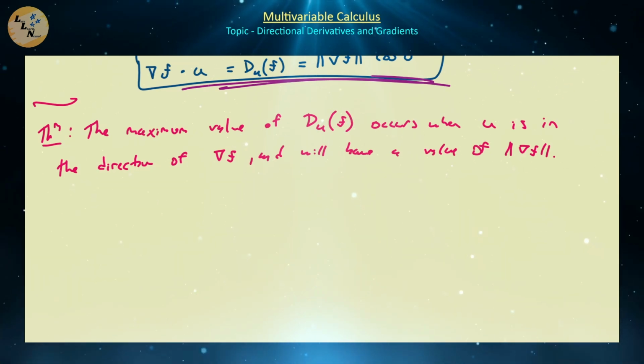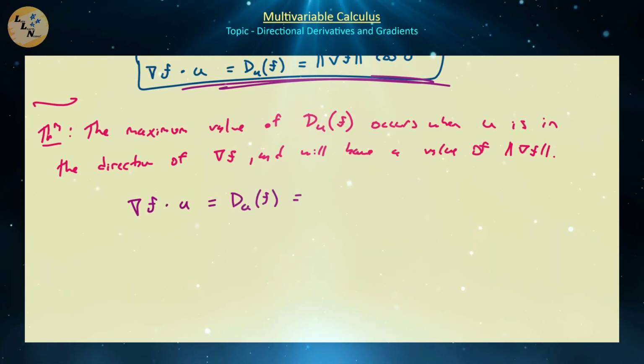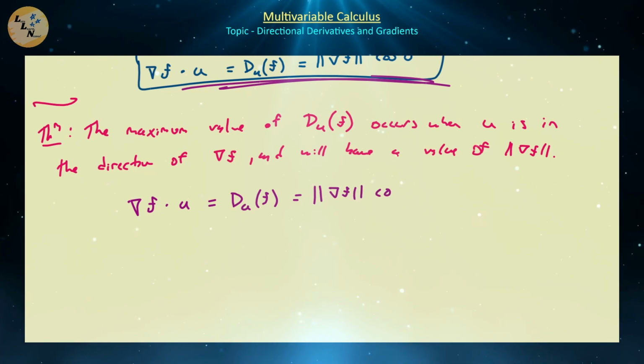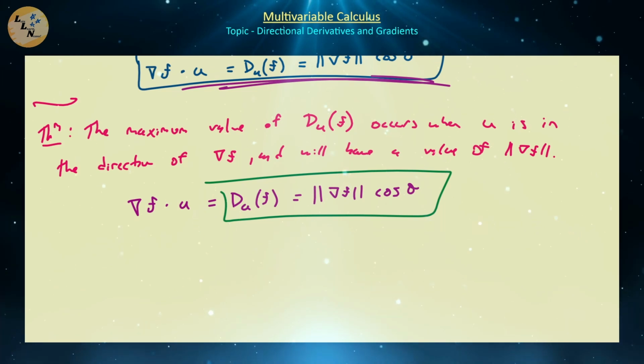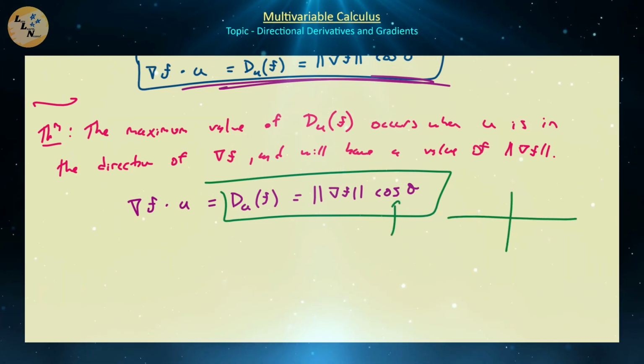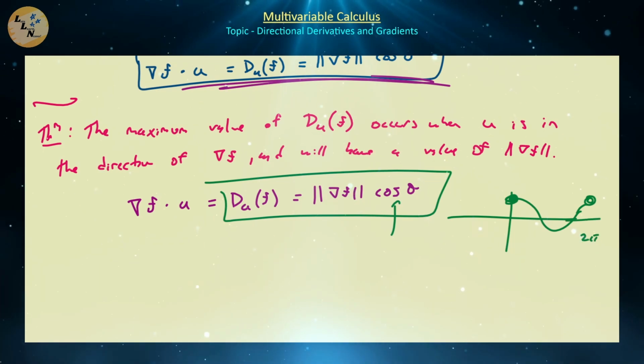Right? And we should be able to see this directly from the little property that we showed a moment ago. Because if the gradient of f times u, or the directional derivative, is equal to the norm of the gradient of f times the cosine of theta, and we seek to maximize this, well, keep in mind the function cosine theta, if we look at the interval 0 to 2 pi, attains a maximum when theta is equal to 0 degrees, or 0 radians.